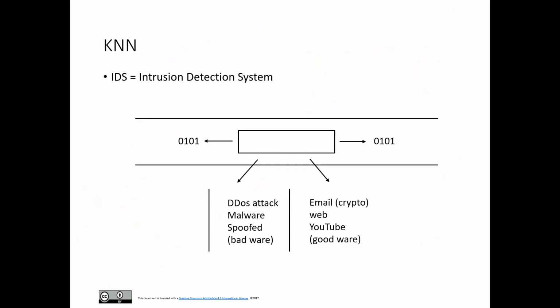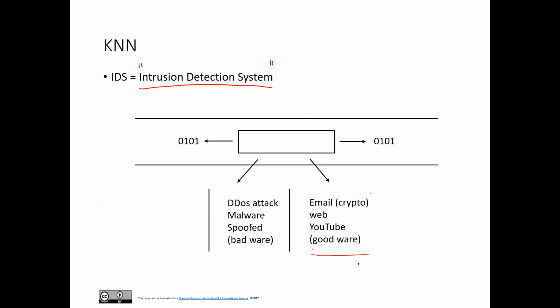All right, so let's think of a problem, for instance, for KNN. We want to build an intrusion detection system, some kind of a classifier, an IDS. Basically we have binary data, like email, web traffic, YouTube, which we're going to call goodware.